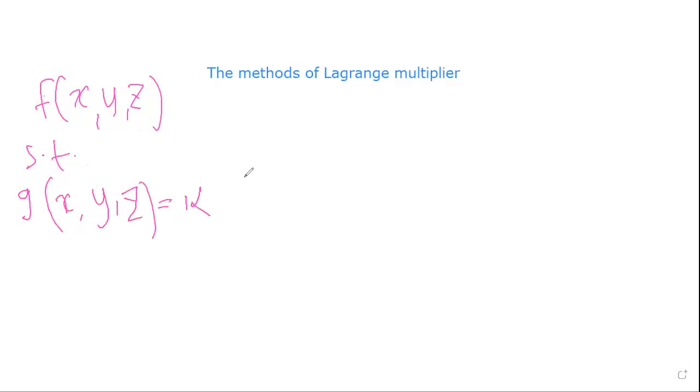Lagrange multiplier is another way of finding extreme values given the objective function and constraints.